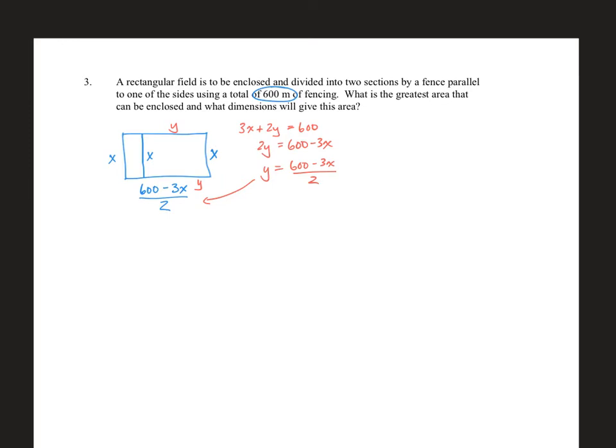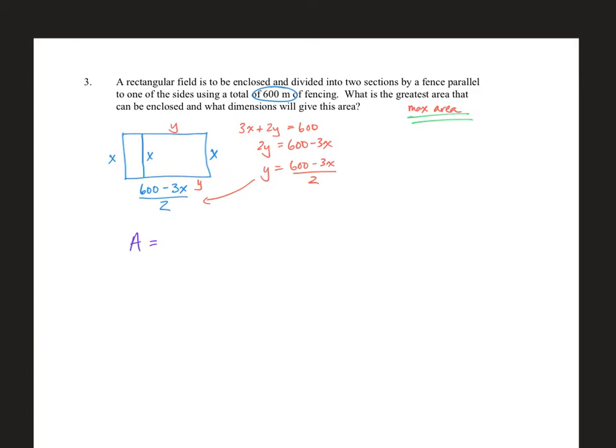So I'm just going to get rid of all that writing for a second. The question asks us for the greatest area. So that means maximum area. And anytime we need to find a maximum area, then we need to produce an area function. And so I have my area function.